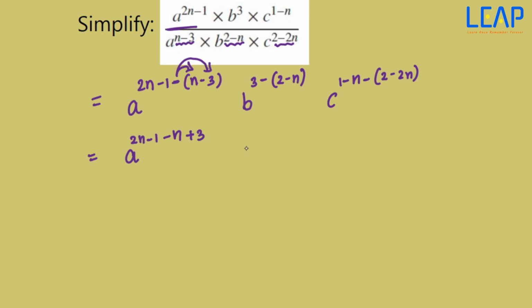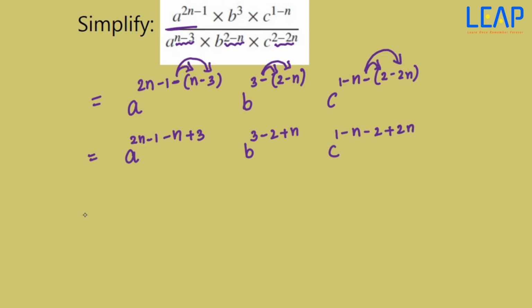Okay, and then next is b. 3 as it is. Negative times 2 is negative 2. Negative times negative n is positive n. Okay, and then for c, 1 minus n as it is. Negative times 2 is negative 2. Negative times negative 2n is positive 2n.